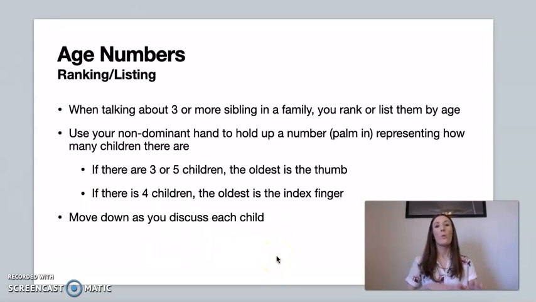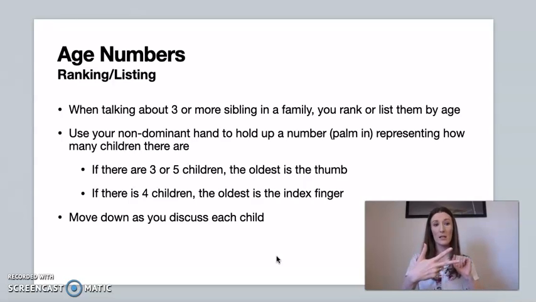When you are talking about siblings in a family, you are going to rank them or list them by age on your non-dominant hand. Let's say you have 2 siblings, so there's 3 of you total. I'm going to hold up that 3 on my non-dominant hand. 3 total children.